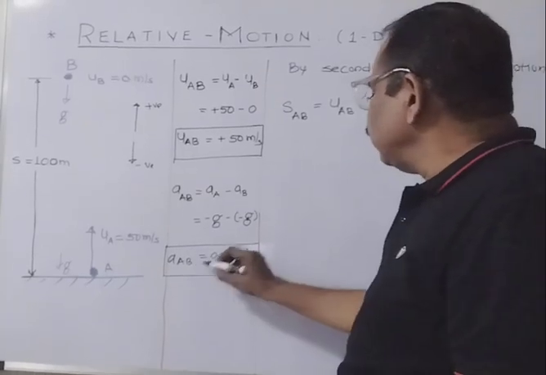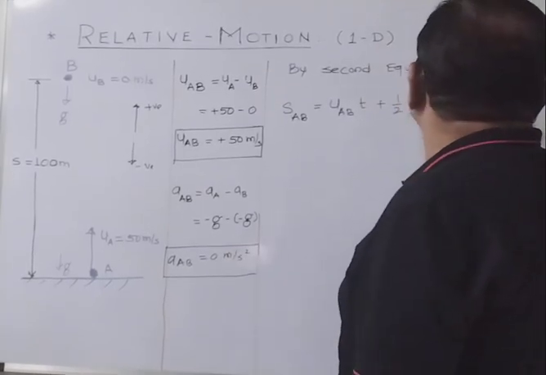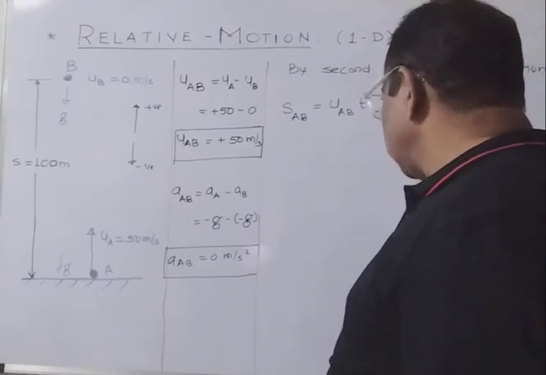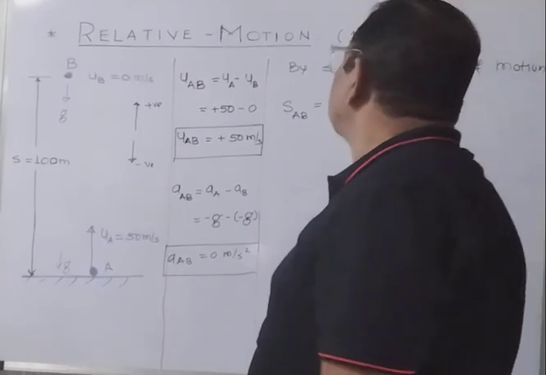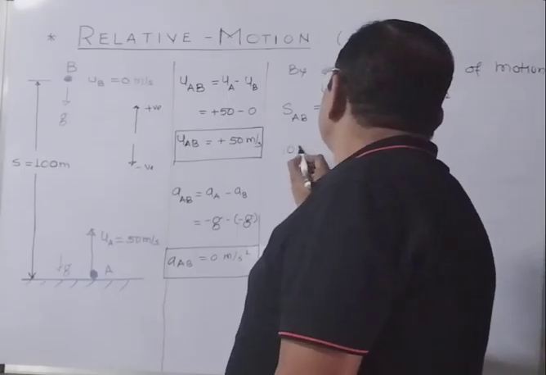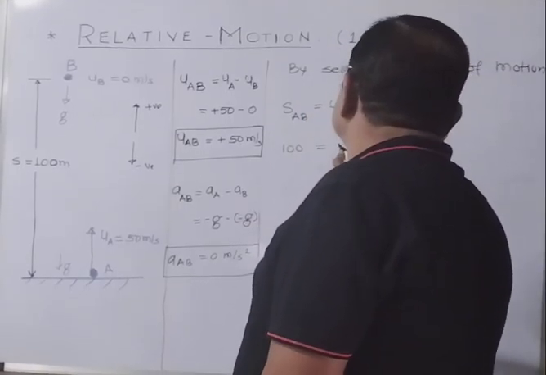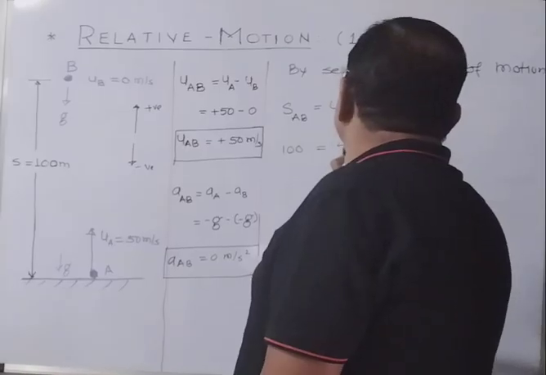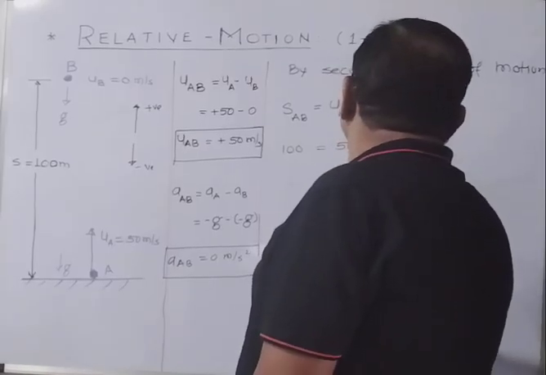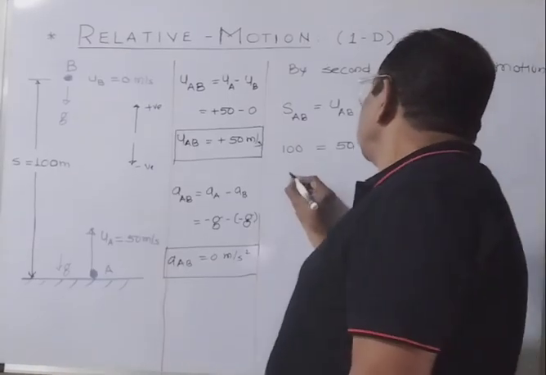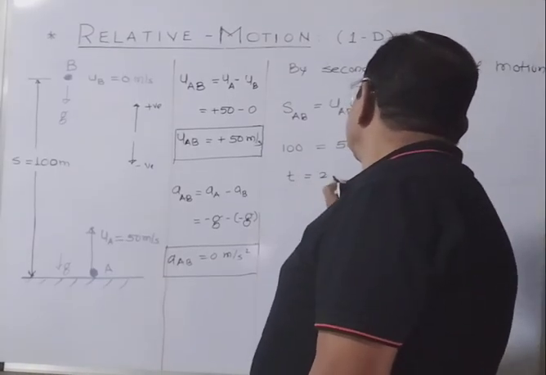Since acceleration of A with respect to B is 0, this term comes out to be 0. Displacement of A with respect to B here is 100. Velocity of A with respect to B is 50, so 100 equals 50 into t. Therefore, t is 2 seconds.